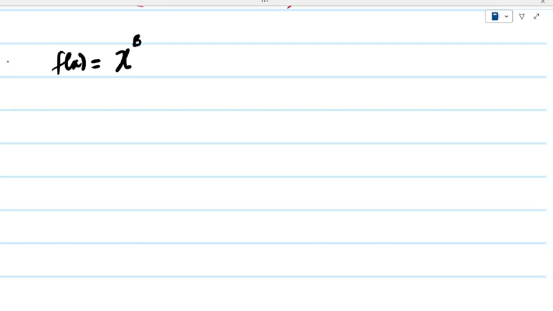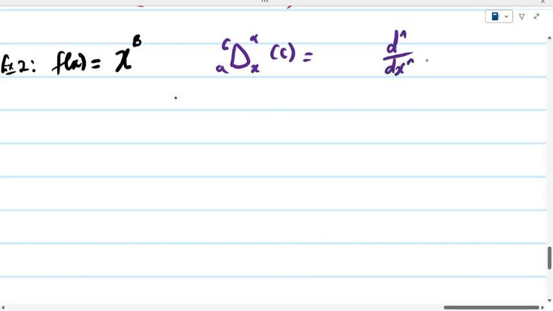So let's call this example 2 for today. I am going to be using the Caputo fractional derivative. Okay, so let's continue, and don't forget the Caputo fractional derivative is first for the differentiation of the function, then the integration.